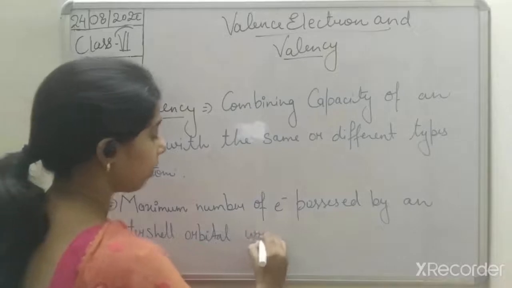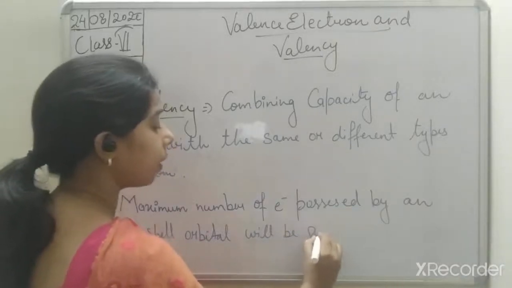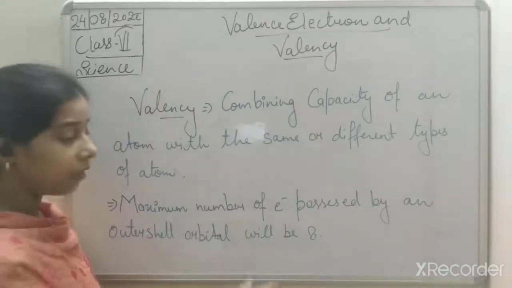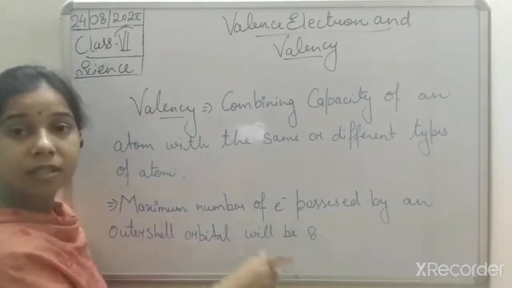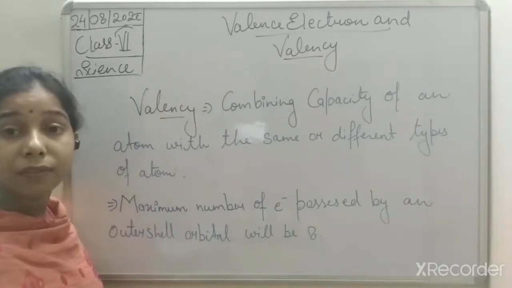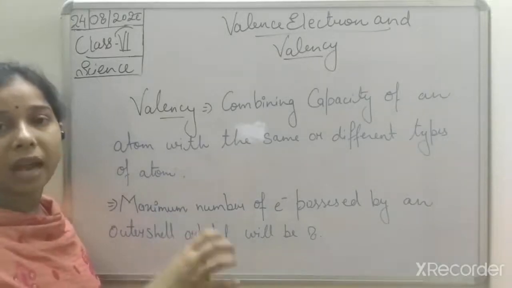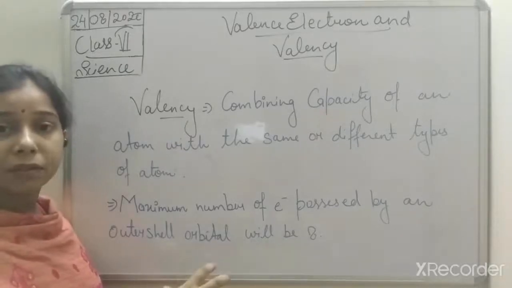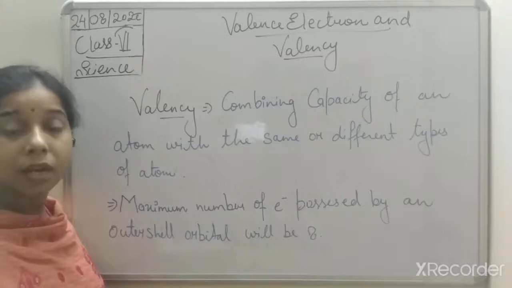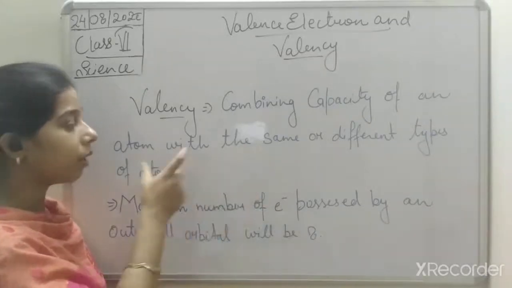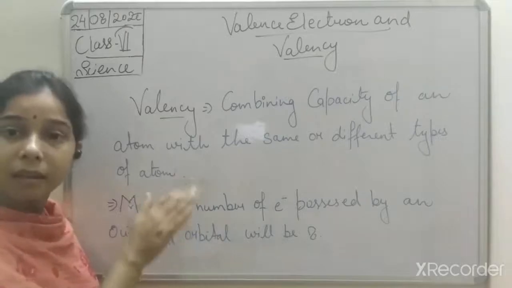So, if an element has 8 electrons in its outermost shell, it has been seen that it will show less chemical reactivity. If it shows less chemical reactivity, students, if it is less reactive, it means the capacity of combining with the same or a different type of atom will be less.